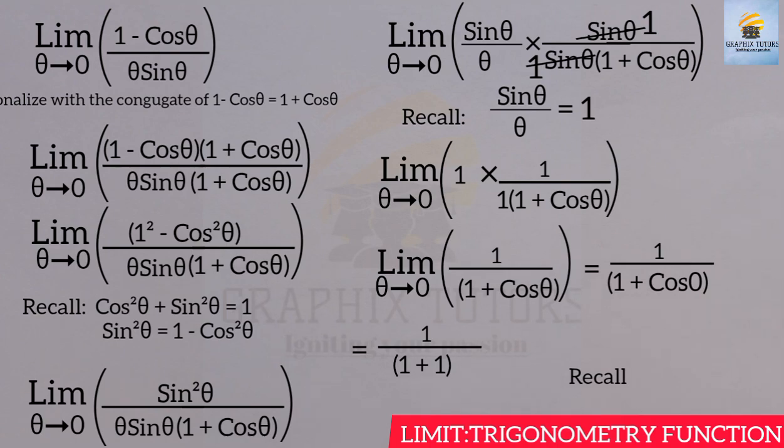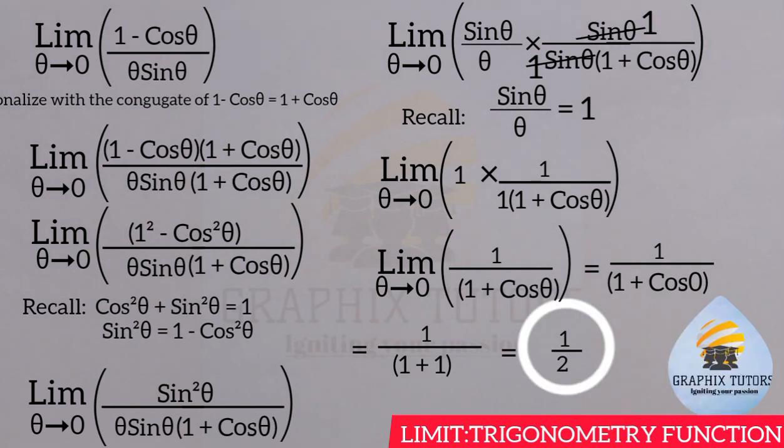So my answer will now give me 1 all over 2, right? 1 plus 1 is 2. So therefore, the conclusion is very important. I will now say that the limit of theta tends to 0 of 1 minus cos theta all over theta sin theta is equal to what? 1 all over 2. So this is my answer.